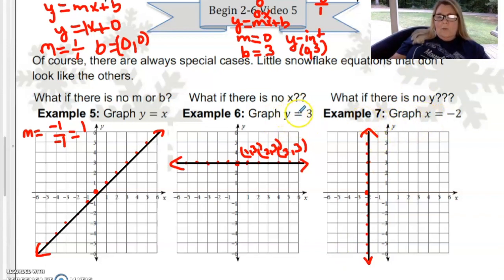So if you have a y equal and there's no x, you have a horizontal line. And if you have an x equal to a number and there's no y value, you have a vertical line. So that would have an undefined slope.